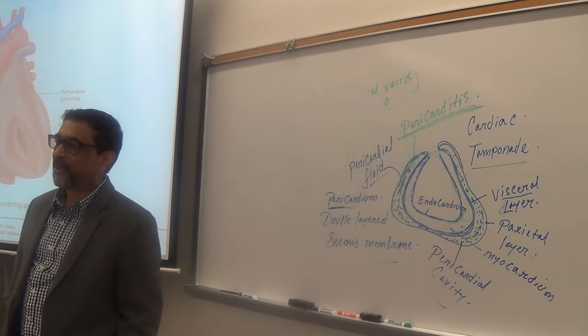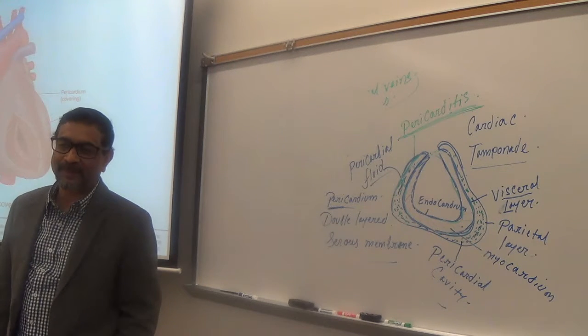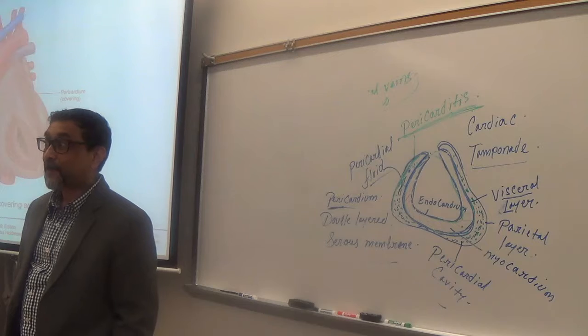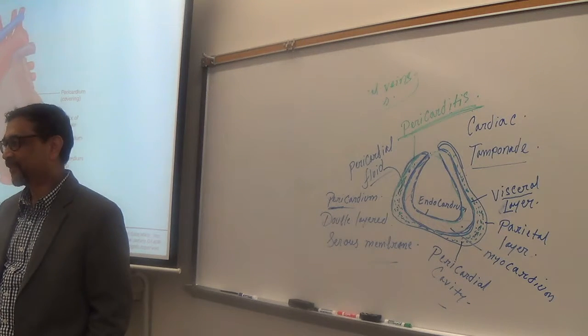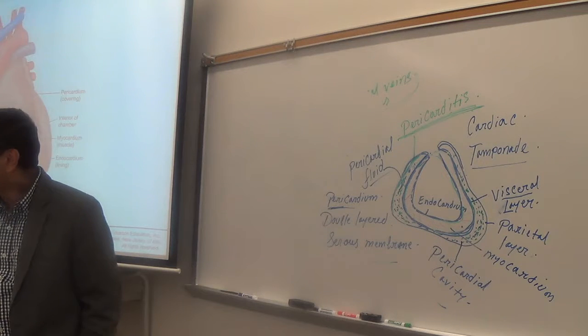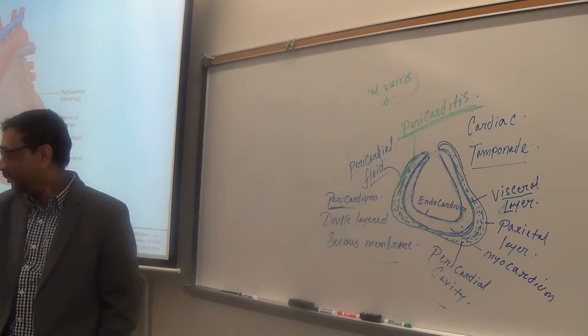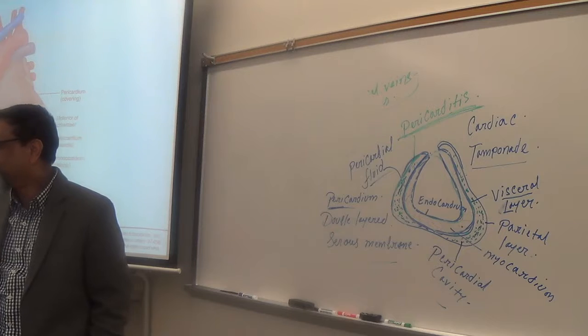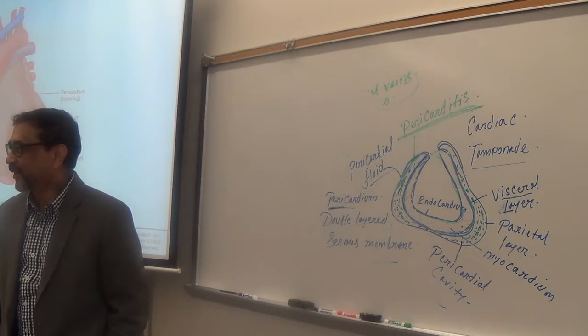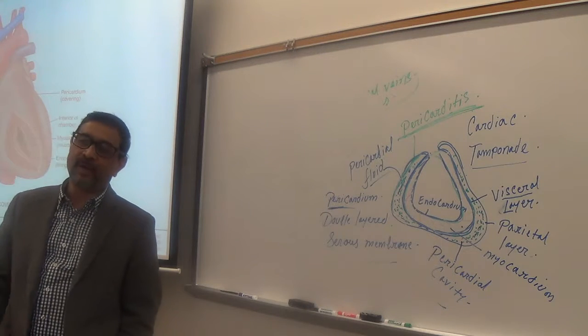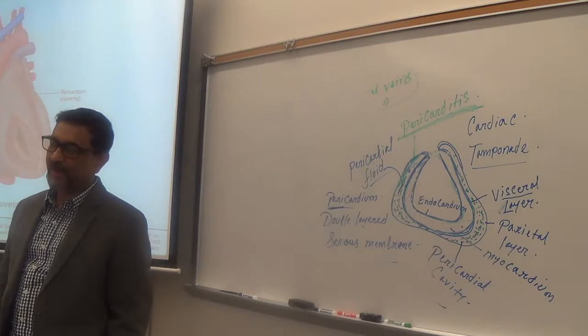Now you tell me, what should be the name of it? Inflammation of endocardium. Endocarditis. I mentioned many times, itis means inflammation of that structure, right? Is it clear? So, endocarditis is a bacterial infection.